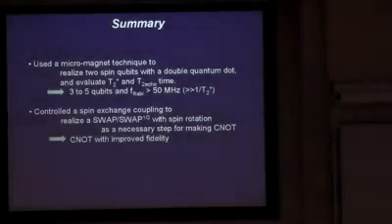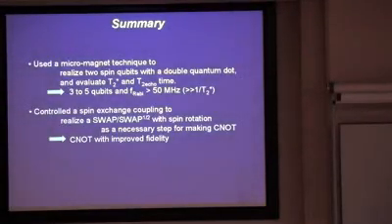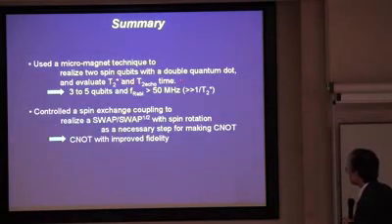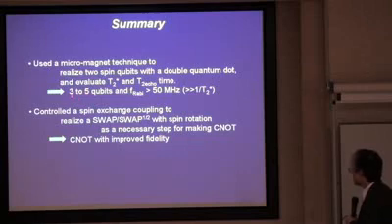Okay, now I come to my summary. It's a bit too early. Okay. We used the micromagnet technique to realize two spin qubits with a double quantum dot and evaluated T2 star and T2 echo time. We are now making an effort to extend the technique to 3 to 5 qubits and raise the Rabi frequency, exceeding 50 megahertz, which is well faster than 1 over the T2 star time.